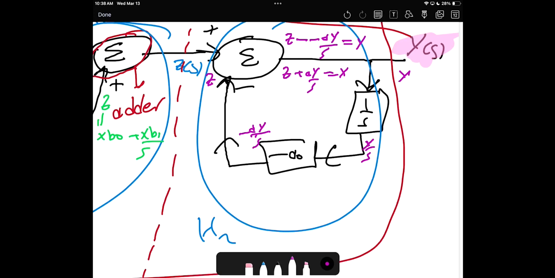Then we have a negative here. So z becomes positive, then minus, because of this negative sign, then we have the other negative sign. So minus negative a y over s, so minus minus will be positive, so it will be z plus a0 y over s equals this.